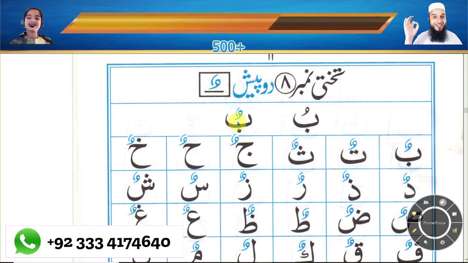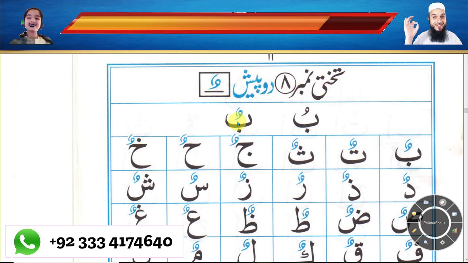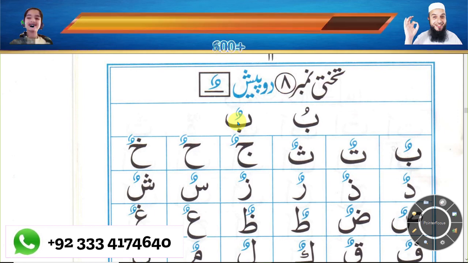What's the sound of two zabar? An. What's the sound of two zer? In. What's the sound of two pesh? Un. Good job. What's the sound of zabar? A. What's the sound of zer? E. What's the sound of pesh? U. What's the sound of two zabar?